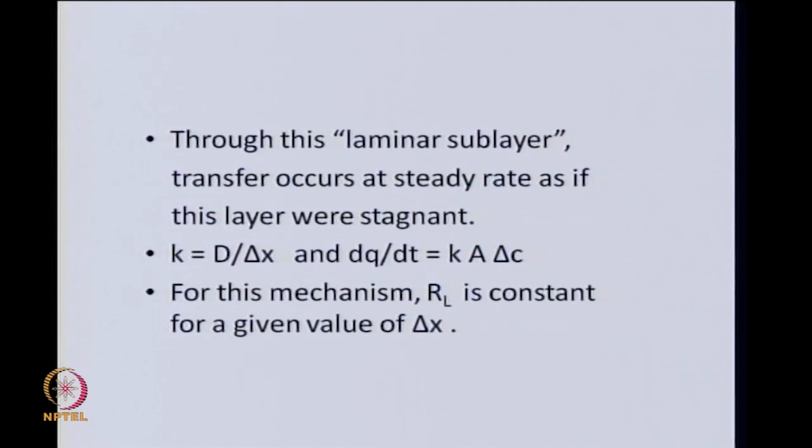Through this laminar sublayer the transfer, they said, would be at steady state if the layer could be regarded as stagnant, and then the mass transfer coefficient is related to diffusivity through the relation k equal to D by delta x, a linear relation between the mass transfer coefficient k and diffusivity D, or the rate of transfer will be dQ by dt equal to kA delta c, right.